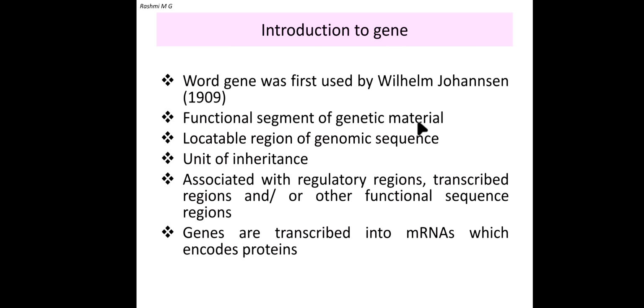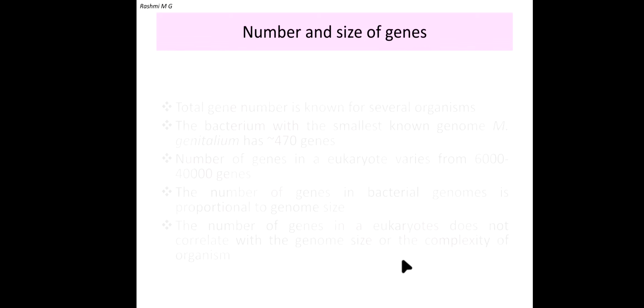It is a functional segment of genetic material, locatable region of genomic sequence, unit of inheritance. It is associated with regulatory regions, transcribed regions, and other functional sequence. So it is a unit of inheritance, and these genes are transcribed into mRNAs, which encode for proteins on translation.